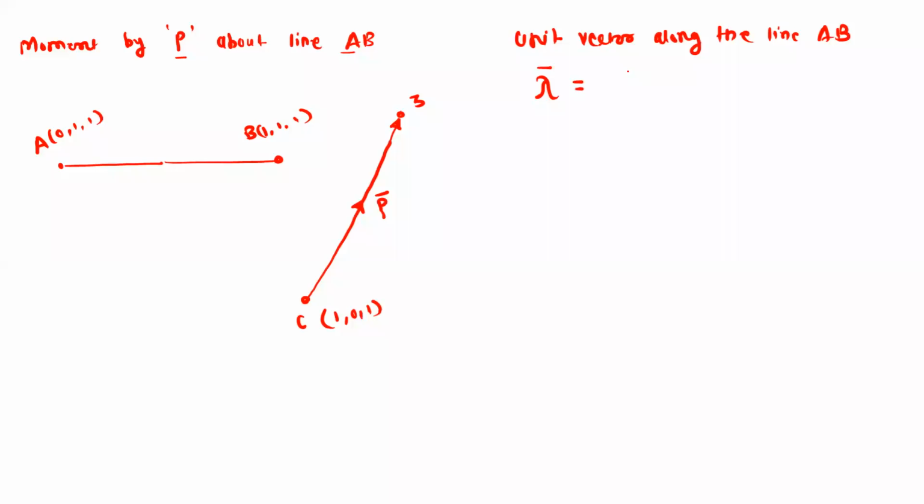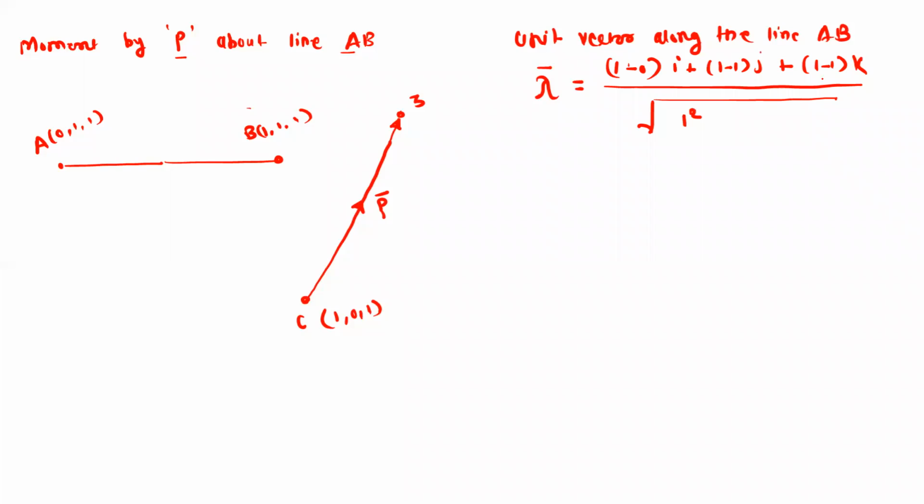This is equal to the position vector along the line AB, that is point B minus point A. So this will be 1 minus 0 into i plus 1 minus 1 into j plus 1 minus 1 into k, divided by the square root of 1 square, as the remaining two values are 0. So here lambda bar is just i.